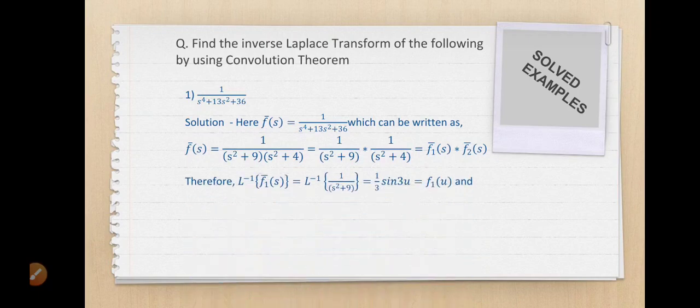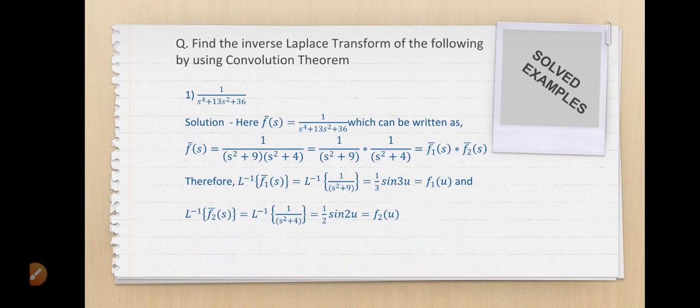After this, we will find their inverse Laplace transform using the standard results. So we get f1 of u as 1 by 3 sine 3u and f2 of u as 1 by 2 sine 2u. So here we have covered 3 steps of the procedure.